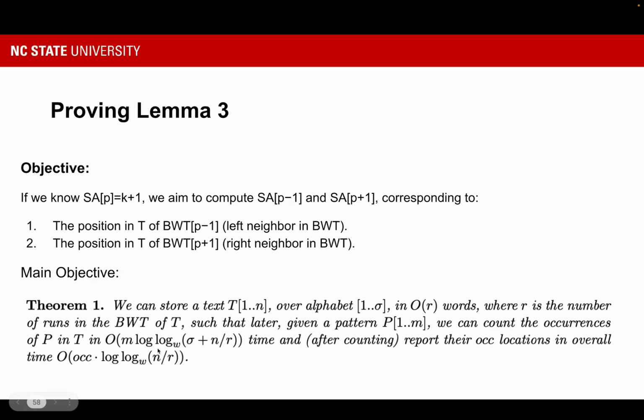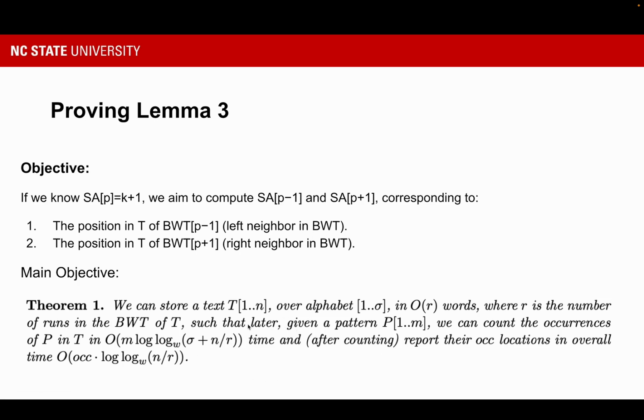However, the most important objective here is to find a way to store O of r words for a bigger text over alphabet of size sigma, where r is the number of runs in the BWT.